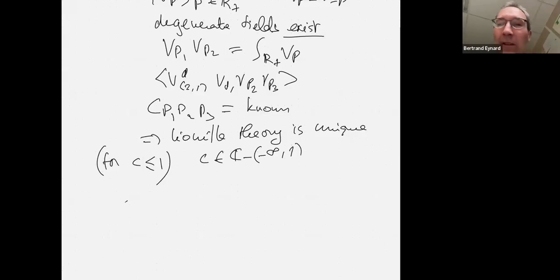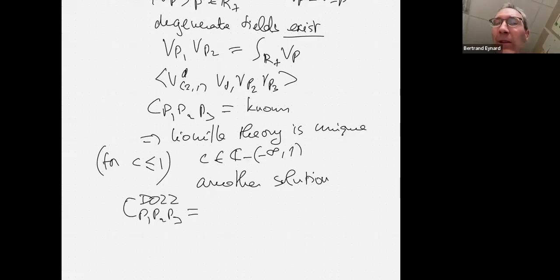And this other solution is called the DOZZ formula, for Dorn-Otto, Zamolodchikov, Zamolodchikov. It's also written in terms of the double gamma function, but it's a slightly different combination.